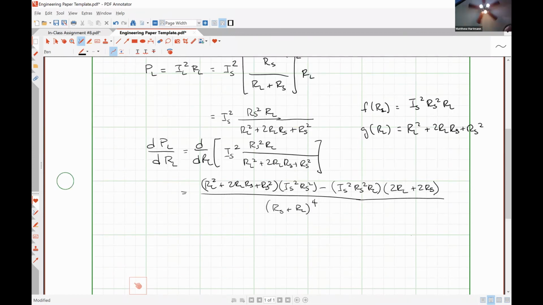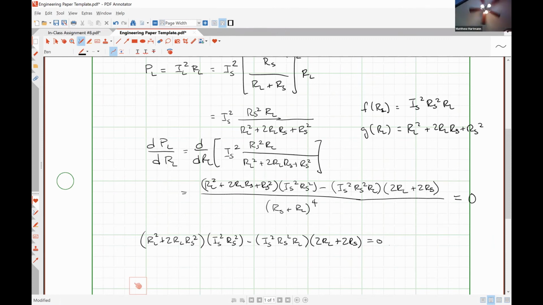Okay. We want this thing to be equal to 0, which means our numerator needs to be equal to 0, right? That's what we're concerned with. So we have RL squared plus twice RL RS plus RS squared, times IS squared RS squared, minus IS squared RS squared RL times twice RL plus twice RS, is equal to 0.